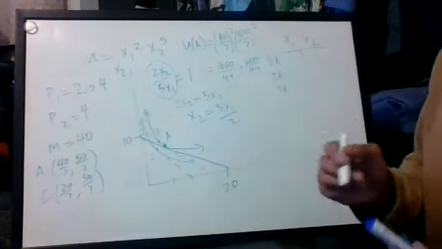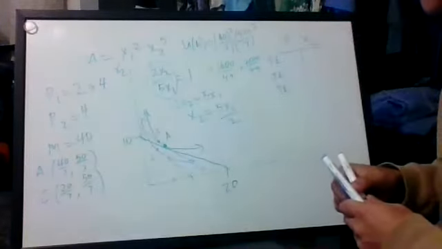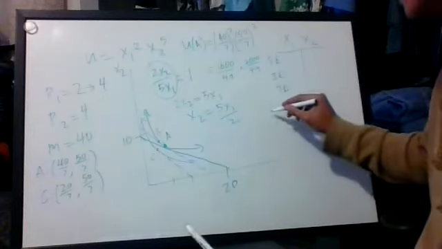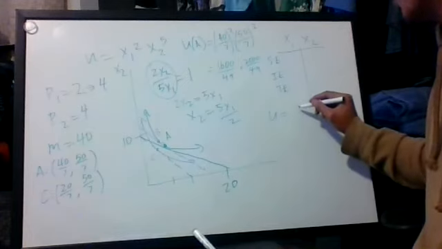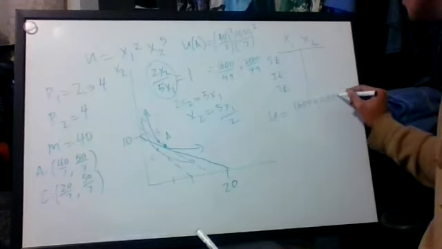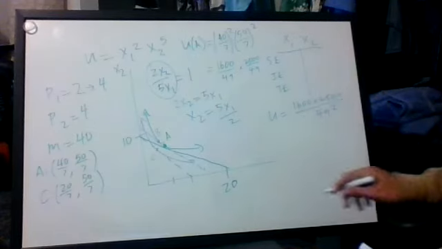You can see how these are not really easy numbers to work with, but that's just what they are. So the utility is equal to 1600 times 2500 over 49 squared.